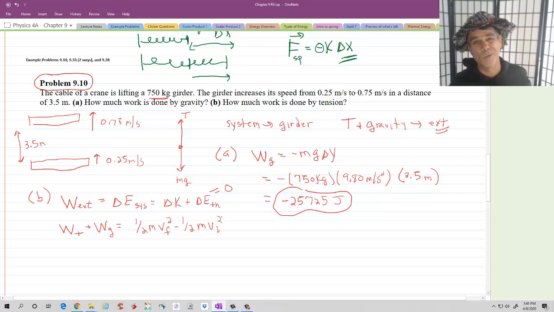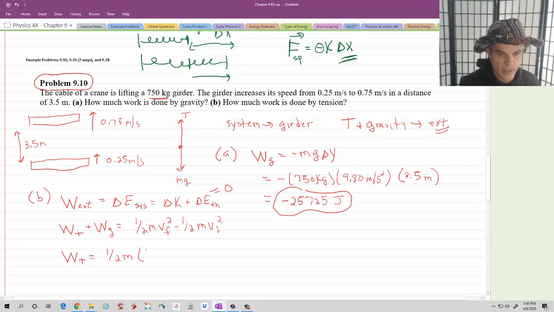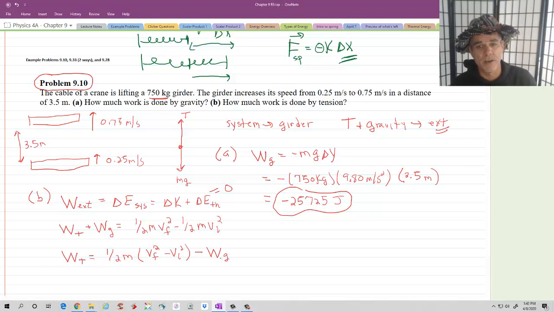Well, we already have the work done by gravity, so we can just solve for the work done by tension, and we don't actually need to calculate the force of tension. So the work done by tension is just going to be equal to 1/2 m, and I'm just going to factor that out, so times v_f squared minus v initial squared, minus the work done by gravity. Well, we've got the mass, we've got the initial speed, we've got the final speed, we've got the work done by gravity.